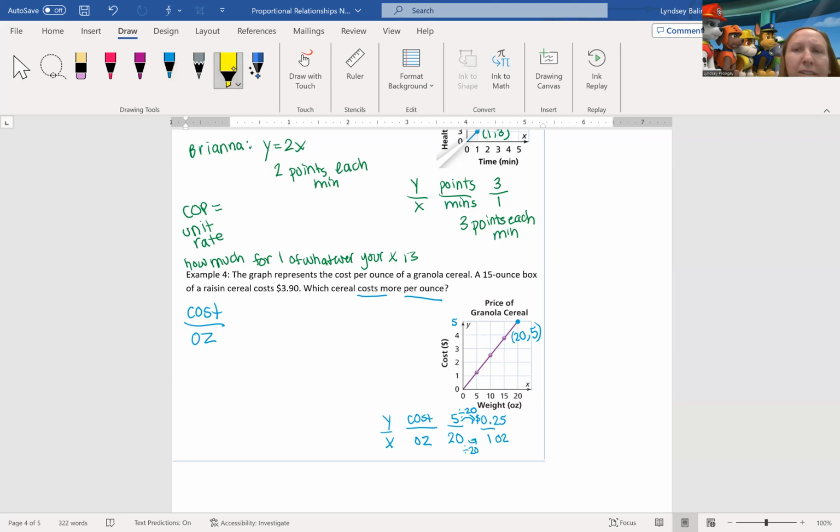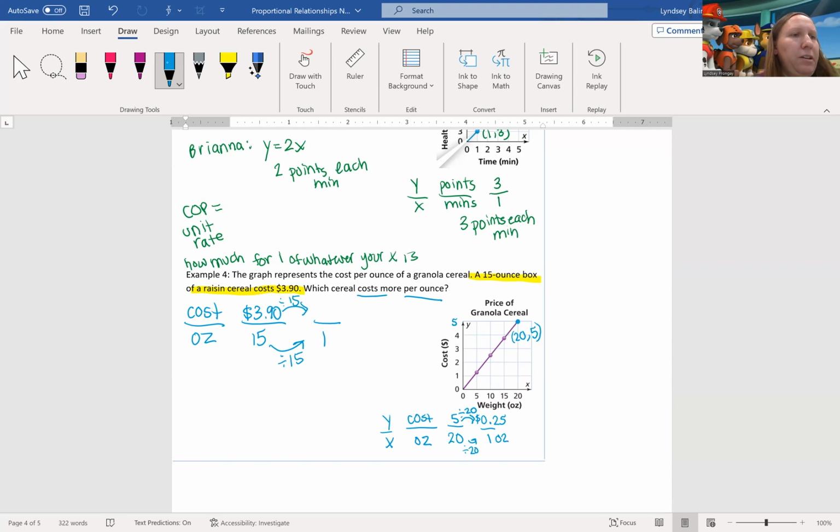So now we're going to take that scenario. It says a 15-ounce box costs $3.90. So the cost is on top, $3.90 for a 15-ounce box. We want to know how much for 1. So if we divide the 15 by the 15, it gets us that 1. We're going to do 390 divided by 15.